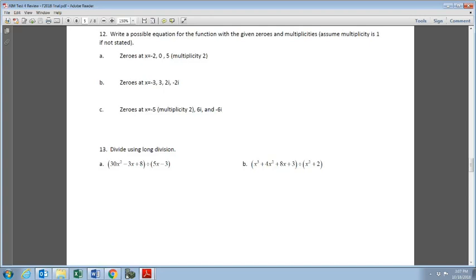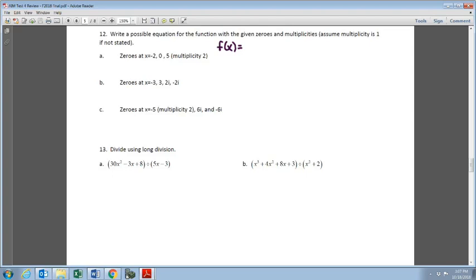Alright, let's look at number 12. So it says, write a possible equation for the function with the given zeros and multiplicities. Assume multiplicity is 1 if not stated. So for 12a, let's see, if negative 2 is a 0, then first of all, let's write this as f of x equals, we're creating a function.